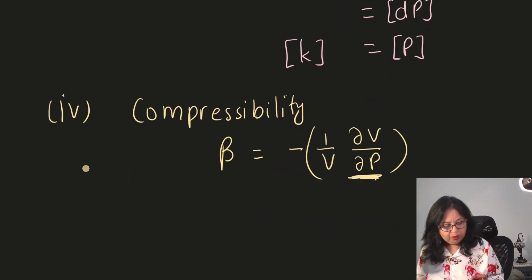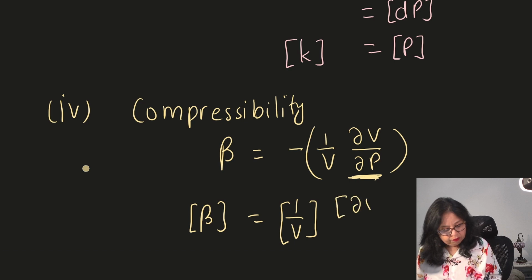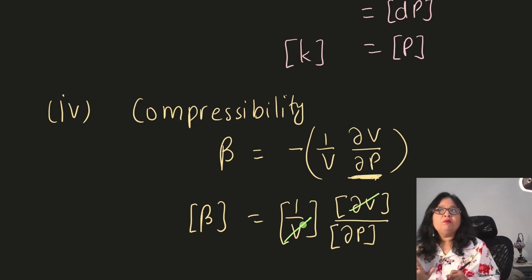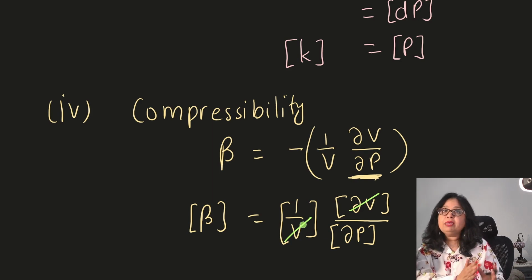But anyway, look at the dimensions. That would have dimensions of 1 over V, dimension of del V divided by dimension of del P. So just like before, this V is in liters, del V is change in volume. The change in volume will have the same units as the volume itself does.